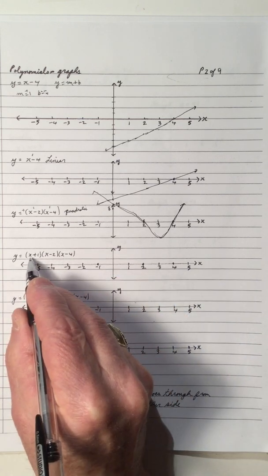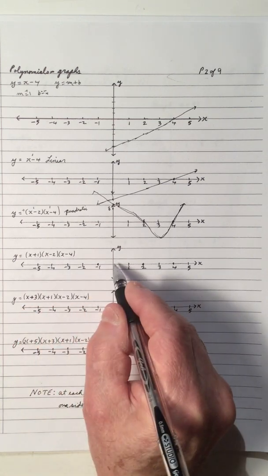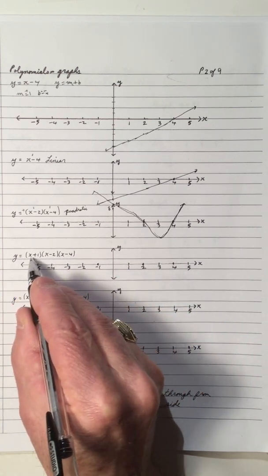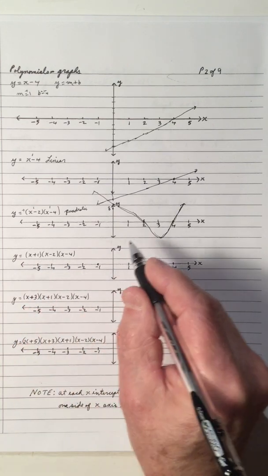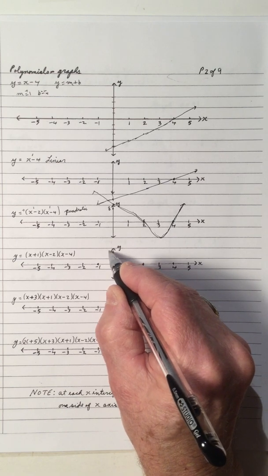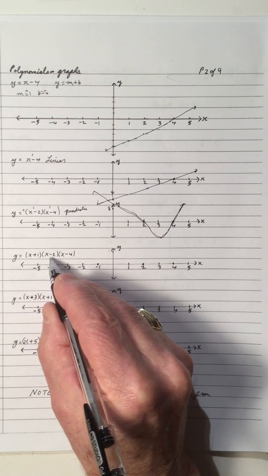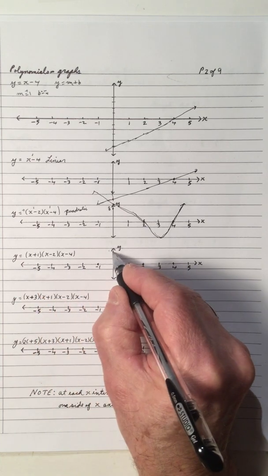Remember, these are the values of x that make the bracket 0. And for the y-intercept, when you let x equal 0, you get 1 times -2 times -4, which is 8.